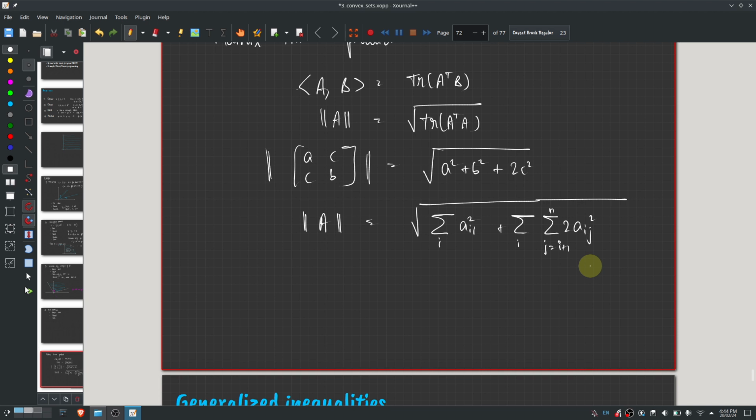Okay, so that's the norm, but what does a ball correspond to? So in the set of symmetric matrices, you take any matrix A, a ball of radius epsilon around A would basically be the set of all symmetric matrices X such that the norm of X minus A is less than or equal to epsilon.